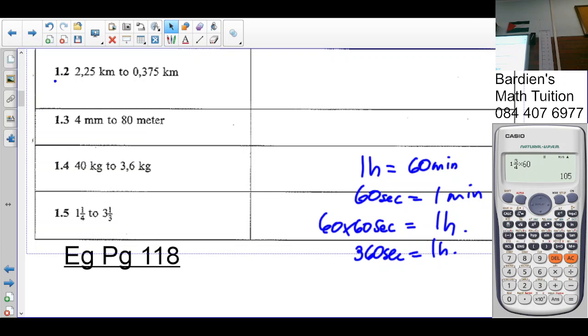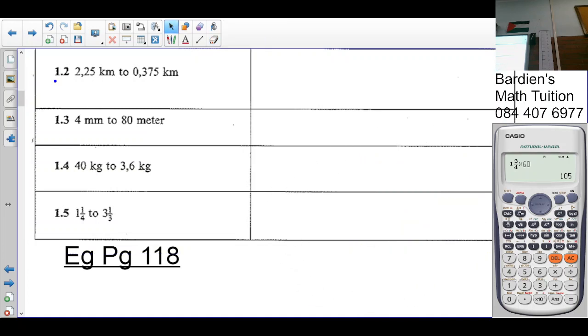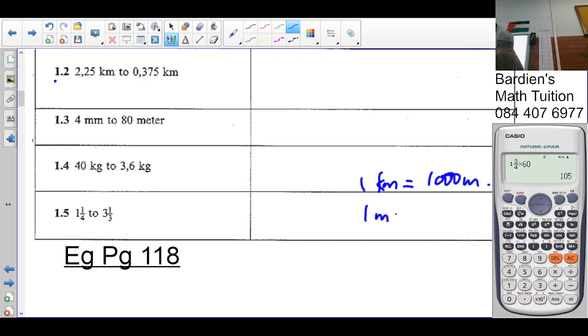And how many meters are there in a kilometer? 1 kilometer is 1,000 meters. 1 meter is how many millimeters? How many millimeters are there in a meter? 1,000.